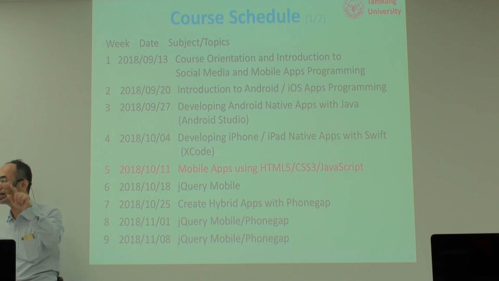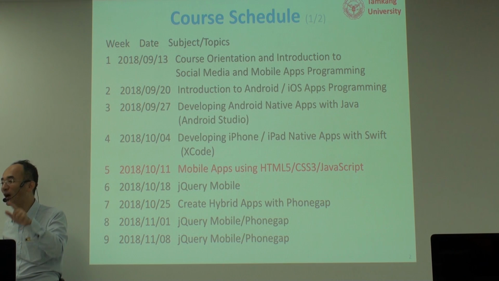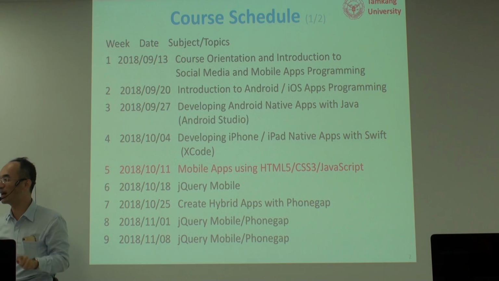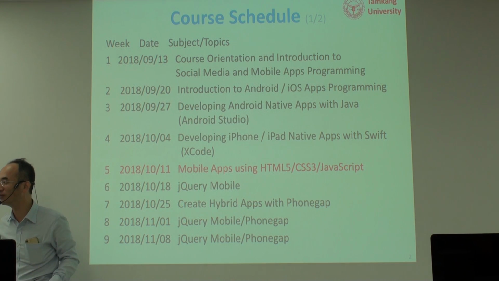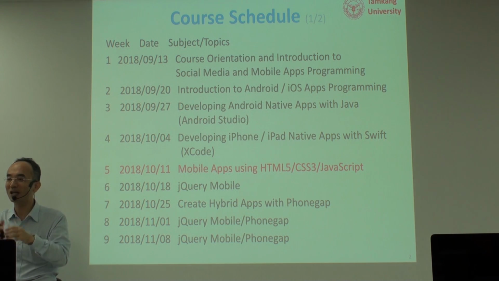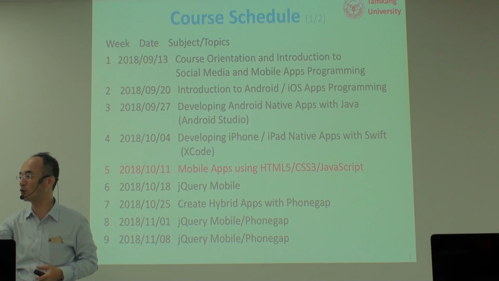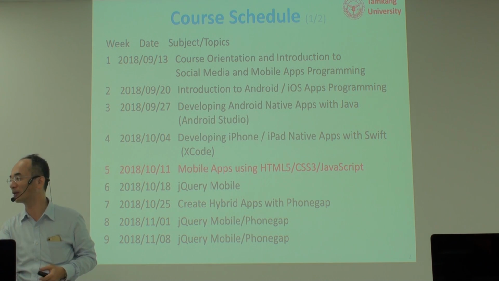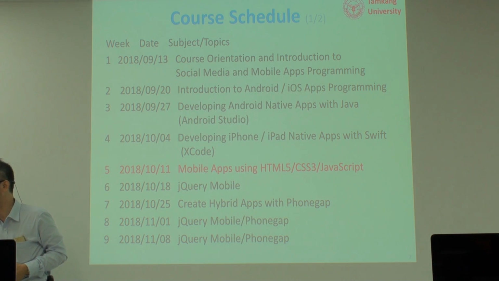So homework assignment number 3 is writing a BMI calculator running cross-platform, meaning running on the website, running on Android, and running on iOS. This is homework assignment number 3.